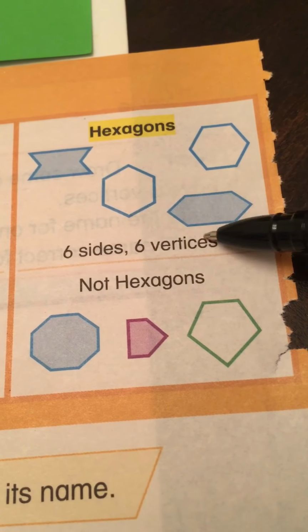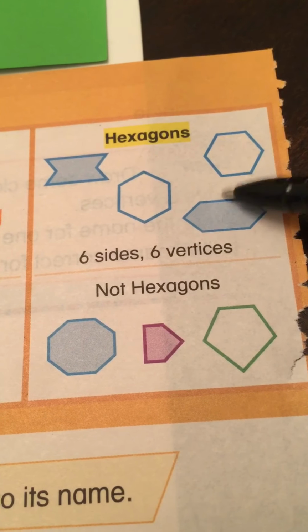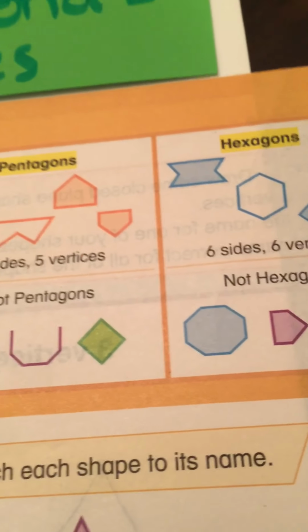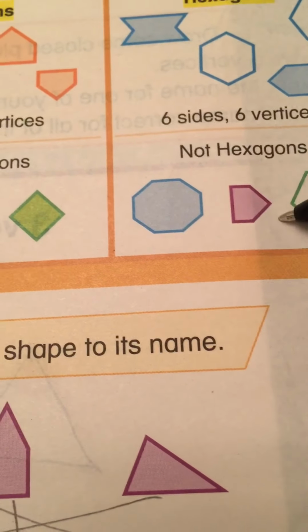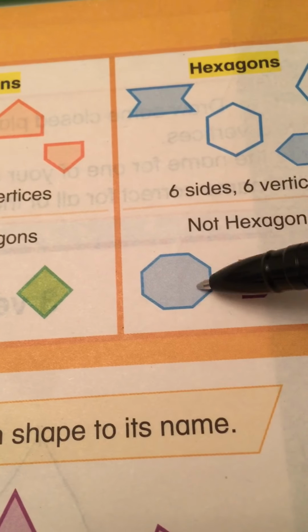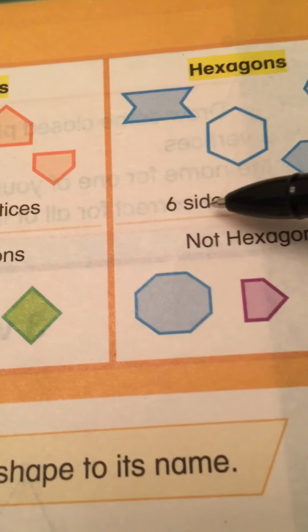And look at this one also. 6 vertices and 6 sides. So they are all hexagons. And these have less than 6, or more than 6, so these are not hexagons. So the hexagon has 6 sides and 6 vertices.